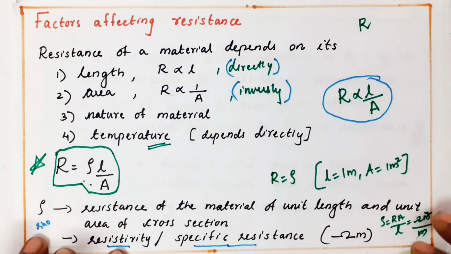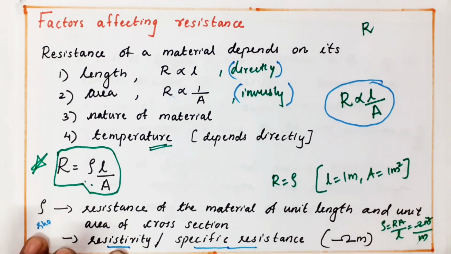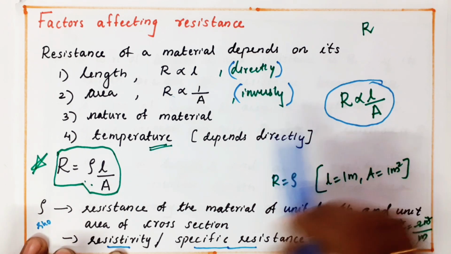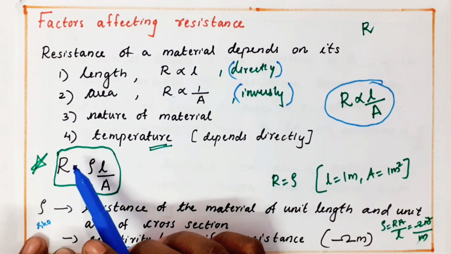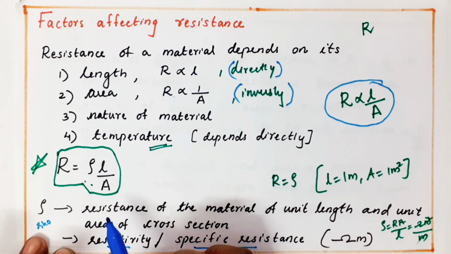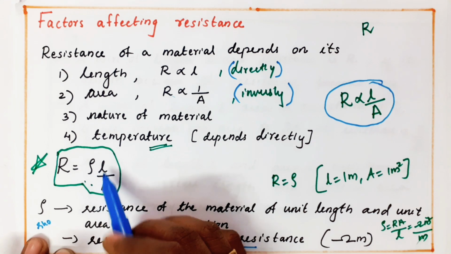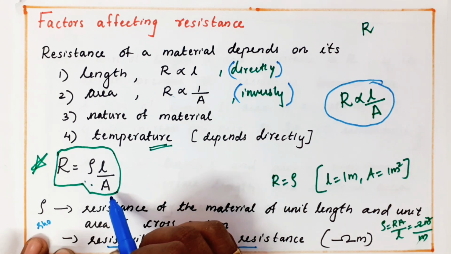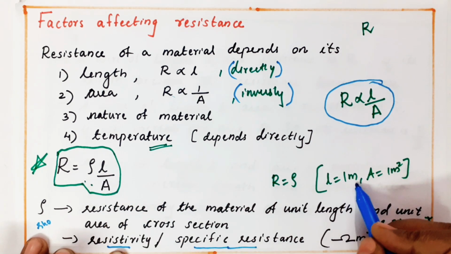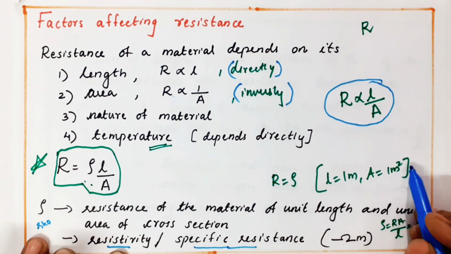So R is proportional to length and R is inversely proportional to area. Together you write R equals rho L by A, where rho is called the resistivity, or another name, specific resistance. Now you can define rho. Keep these two quantities as 1: length as 1 meter, area as 1 meter square.